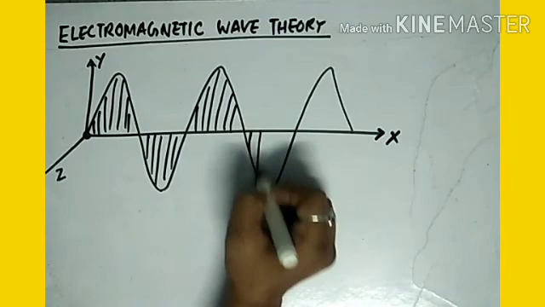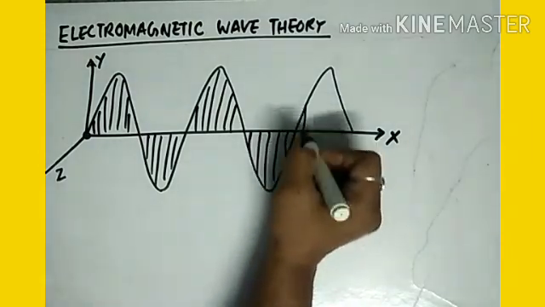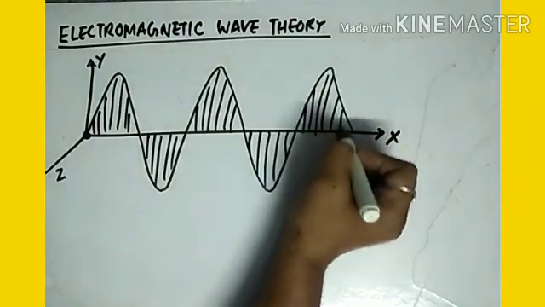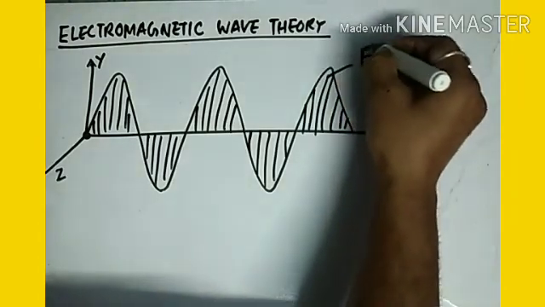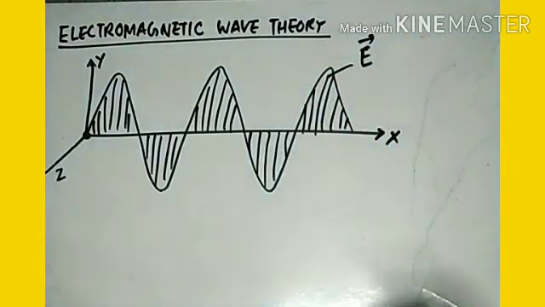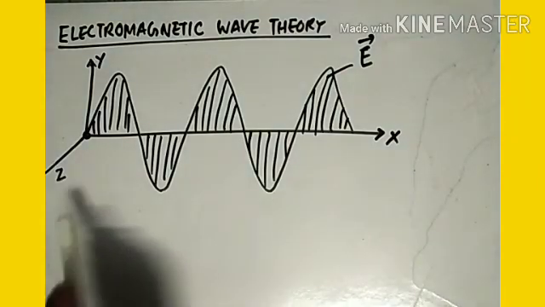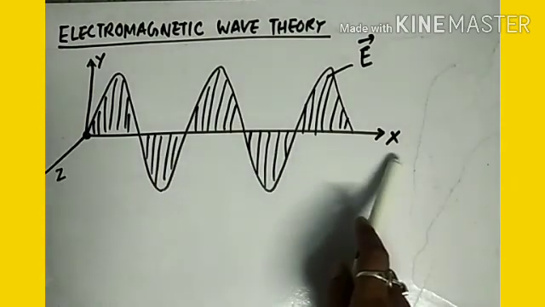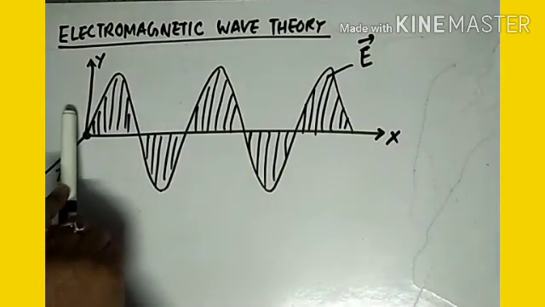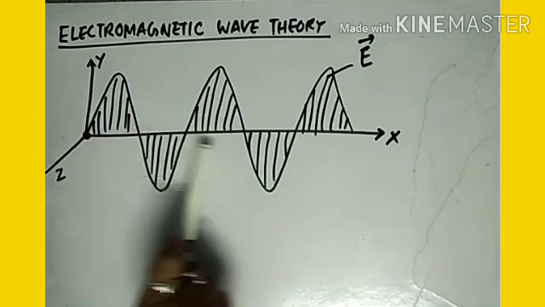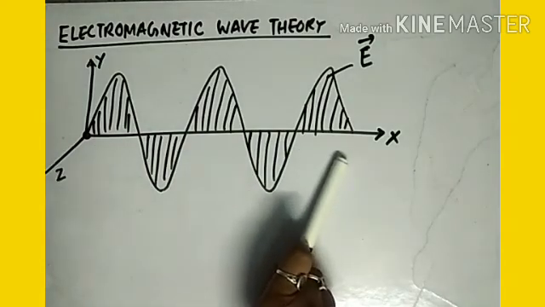So suppose it's an electrical field, so it's an E vector, that means the electrical field, right? So the direction of propagation is x, and along the y axis, the electrical field is developed.